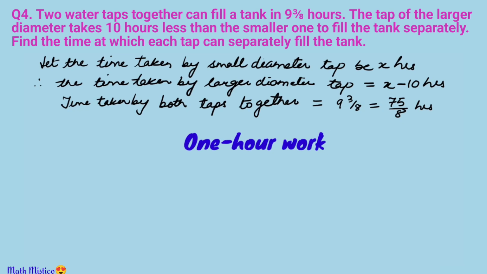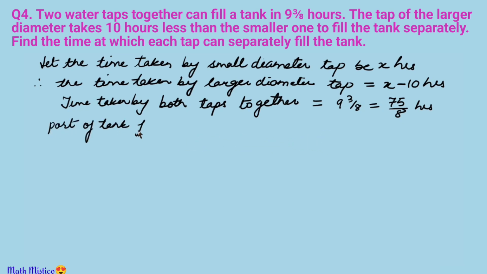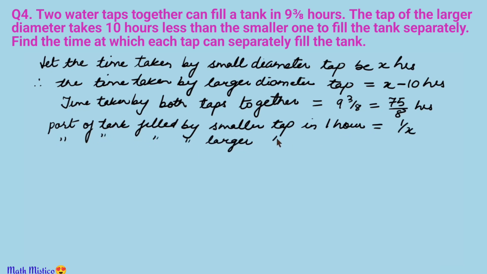We can find the 1 hour work done in each case. Part of the tank filled by smaller diameter tap in 1 hour is 1 by x. Similarly, for larger diameter, it is 1 by x minus 10.